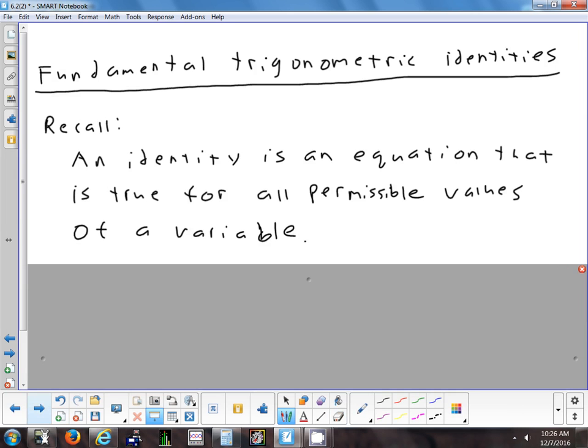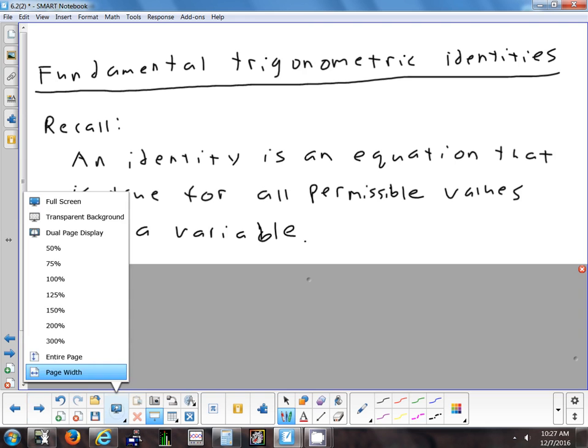Okay, and we're going to look at equations that are always true that have trig functions in them. Some of them you already know. It's basically the ones that you use to plug in secant, cosecant, and cotangent into the calculator.